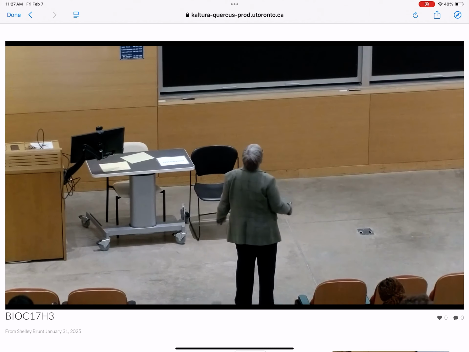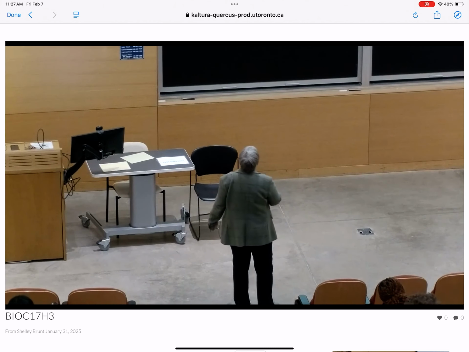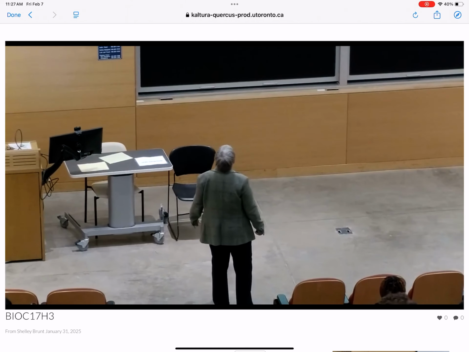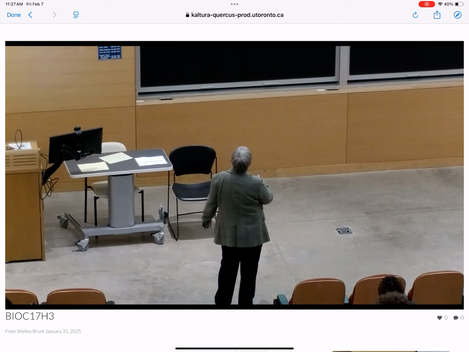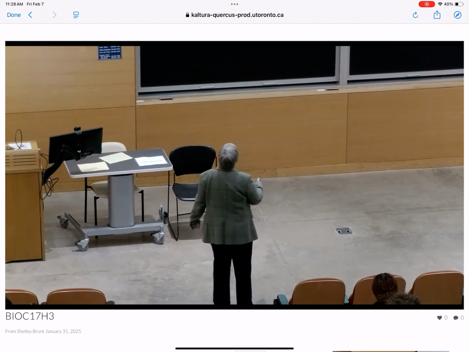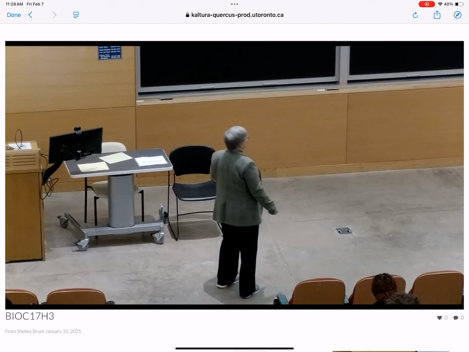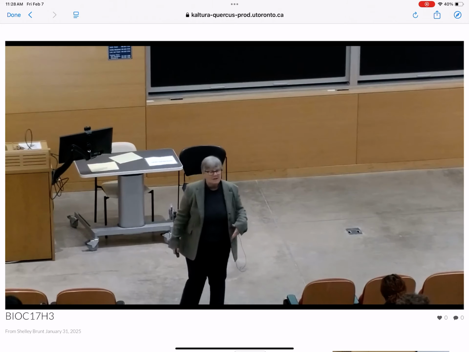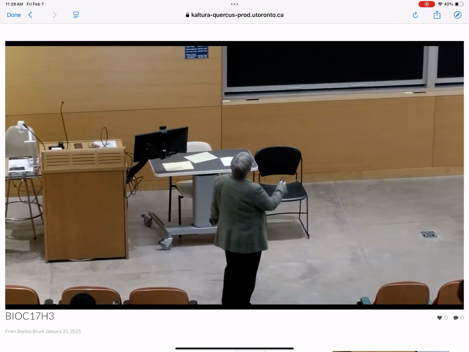Whereas in this case, what we have is a host cell in which we have two different virions. Here is an influenza virion from, let's say, a pig or a bird, and here's one from a human, and it's sitting in a host cell. It could be sitting in a human, a bird, or a pig. And what's going to happen is there's going to be reassortment. So this is easy to look at.